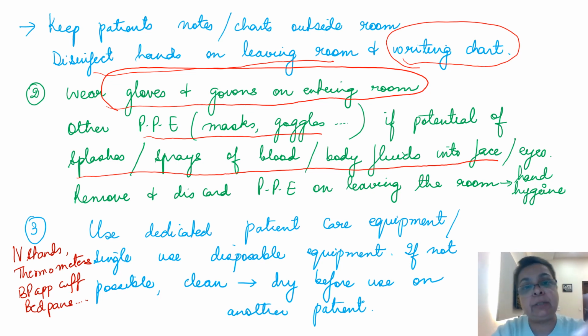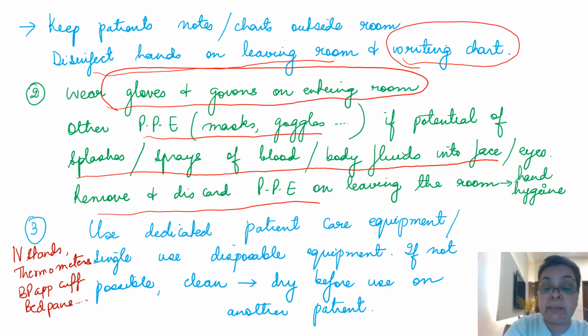In that case, you're going to wear these additional personal protective equipment. What is mandatory is the wearing of gloves and gowns. Then remove and discard this personal protective equipment on leaving the room and do hand hygiene.